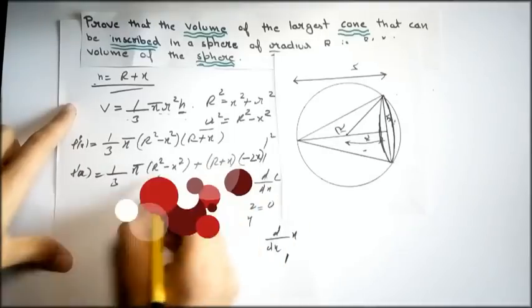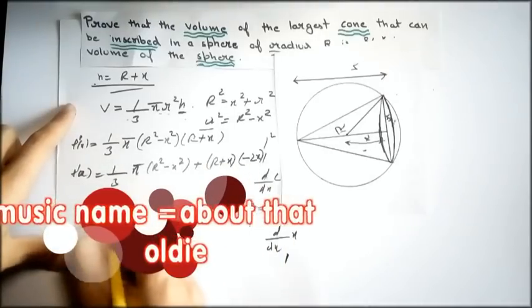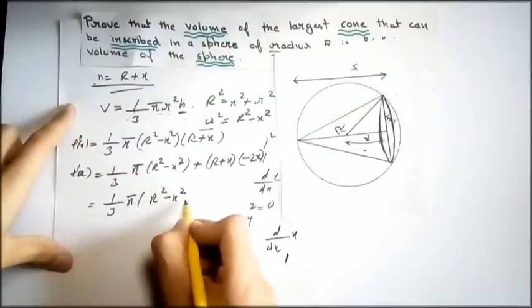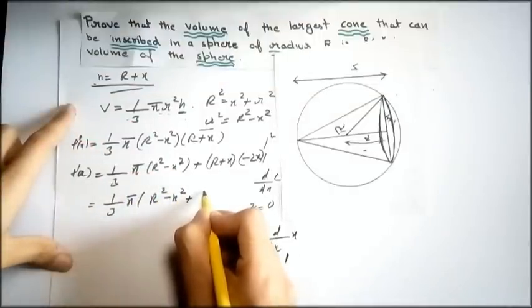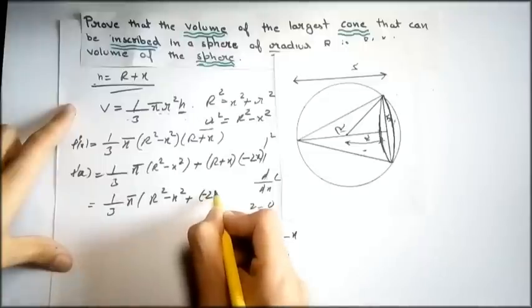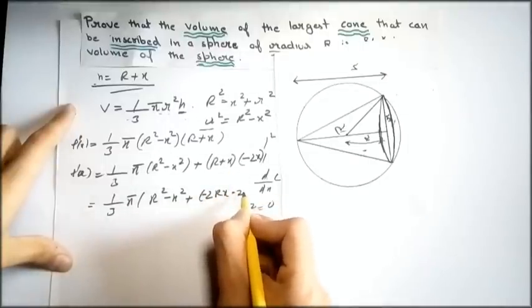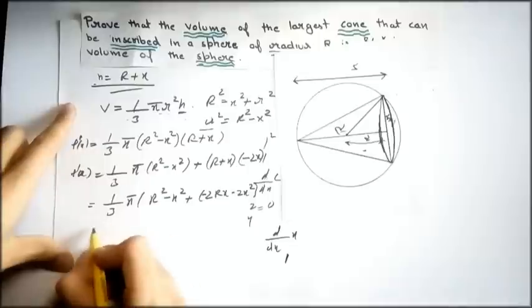So this is the value after this: 1/3 pi times (R square minus x square) plus (R plus x) times (minus 2x), that is minus 2Rx minus 2x square. Now we will solve this further.